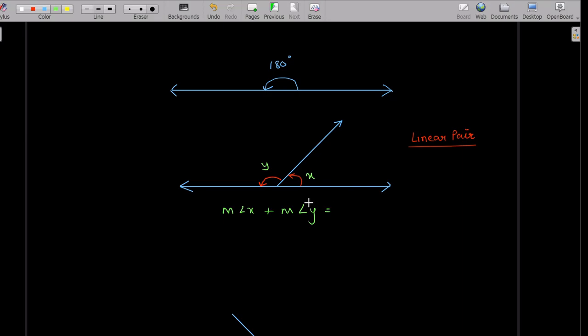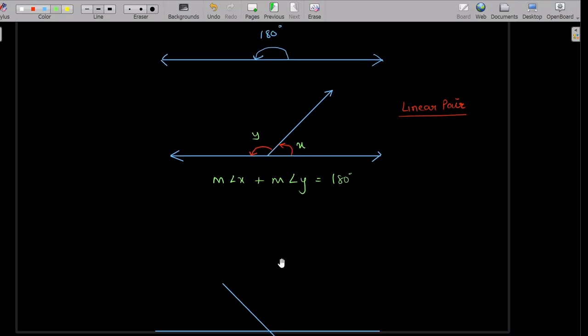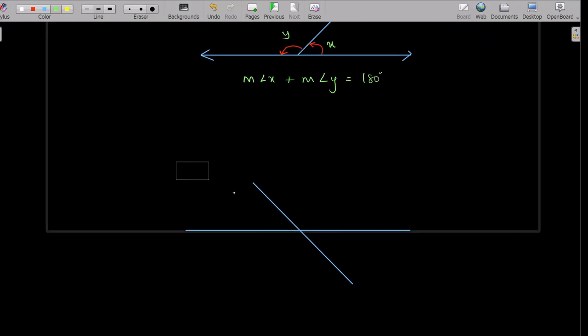If the line is divided into two angles, then what will be the measure of this angle plus the measure of this angle? 180. Because the total angle is still 180, it's just that we have divided that total angle into two different angles, right? And these two are called a linear pair.